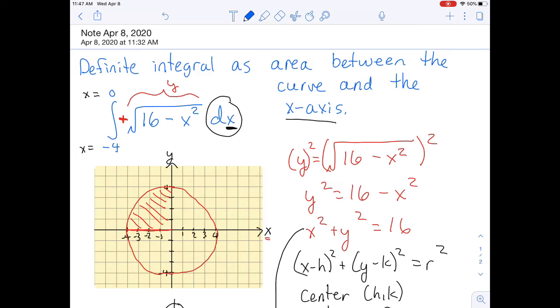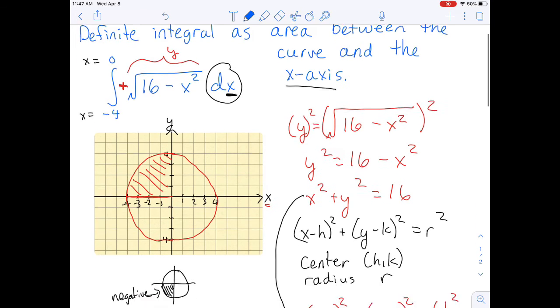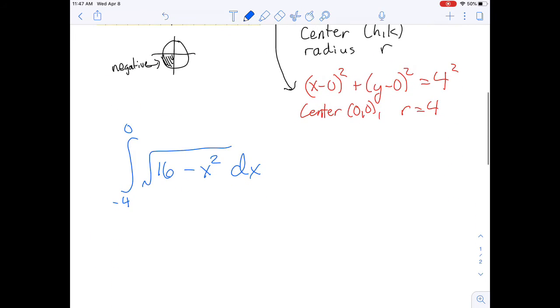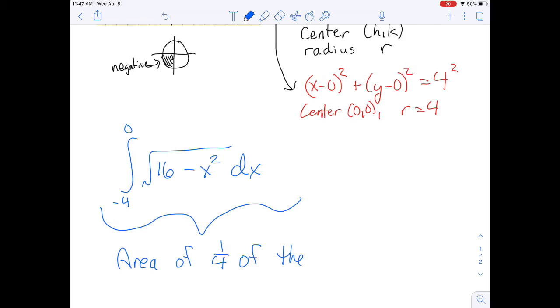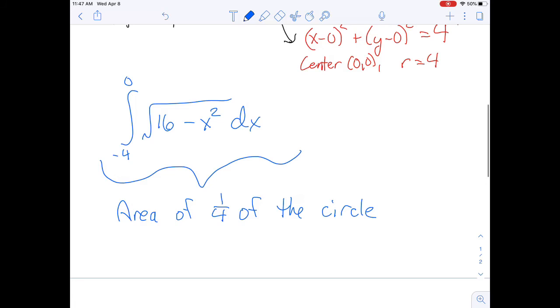So I want to know the area, in this case, of 1/4 of a circle. So I can interpret this as the area of 1/4 of the circle. So this, we know that area is pi r squared.